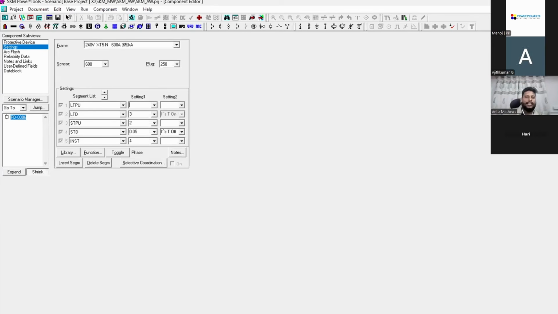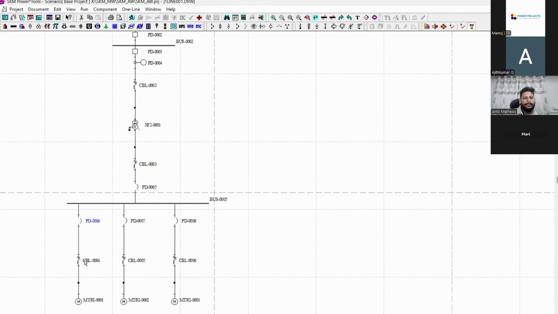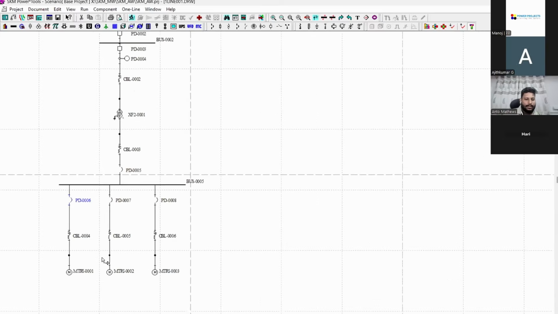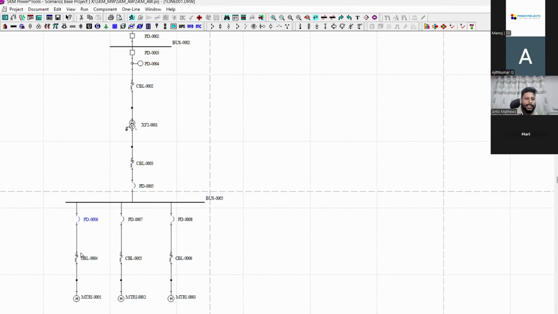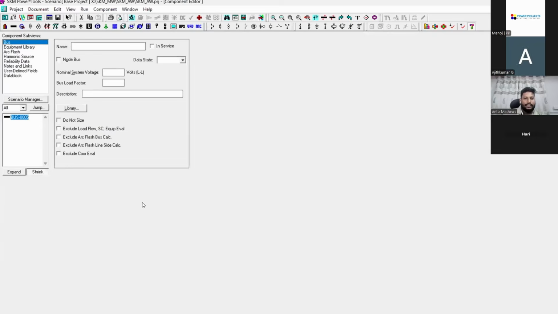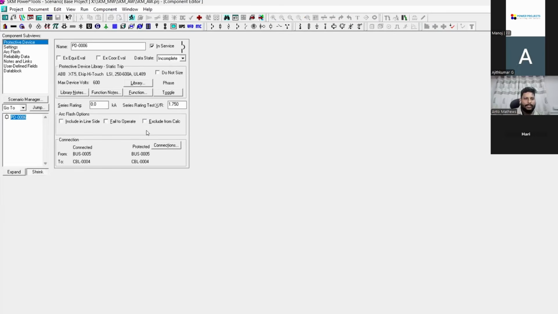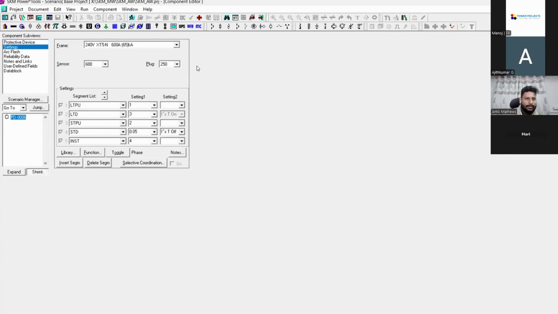So the device voltage must be greater than the bus voltage. My bus voltage is 480, so let me check which device voltage it is showing. For the plug setting I will consider 400.